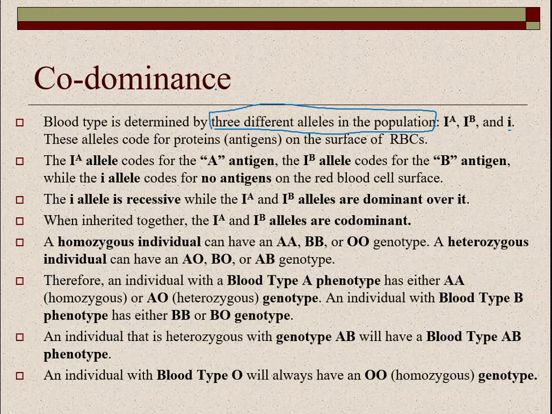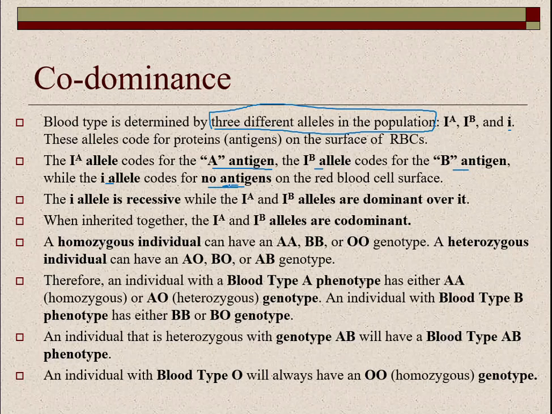The A allele usually codes for the A antigen that sits on the surface of the red blood cells. The B allele will code for the B antigen. And the I allele codes for no antigens on the surface of the red blood cells.